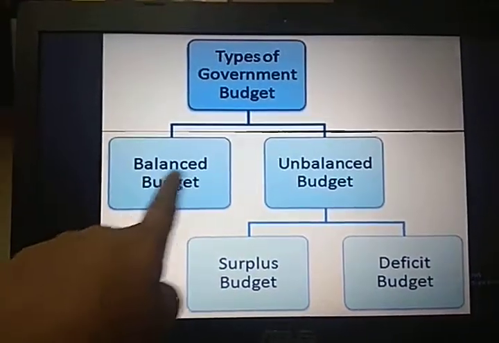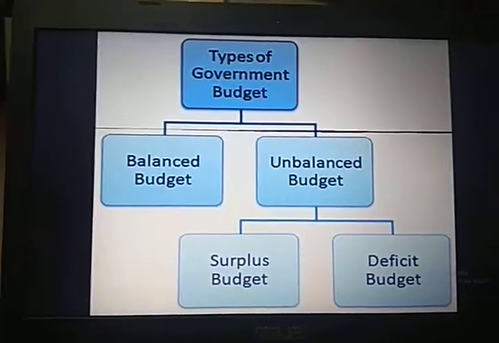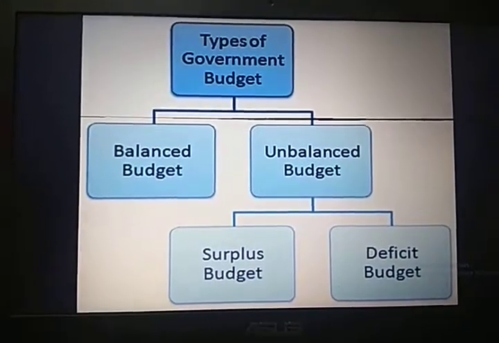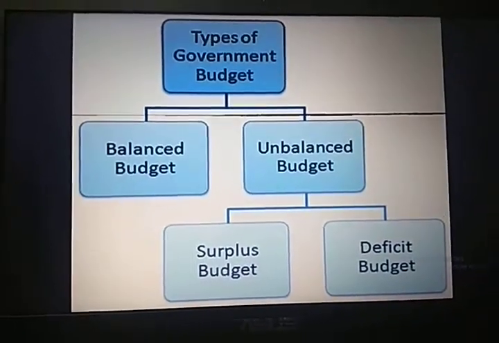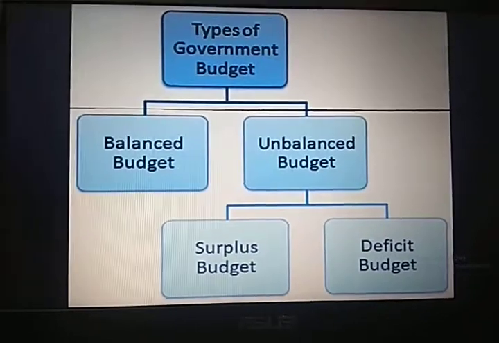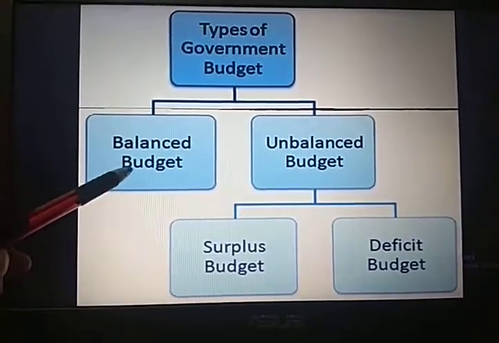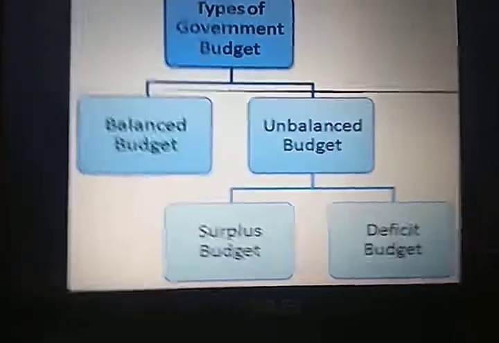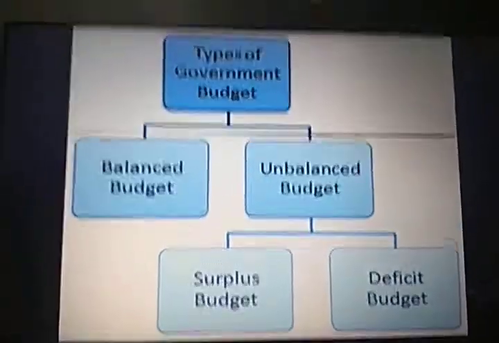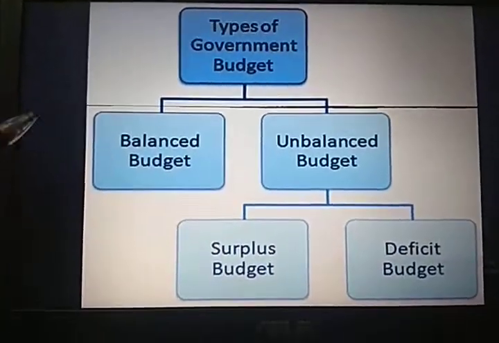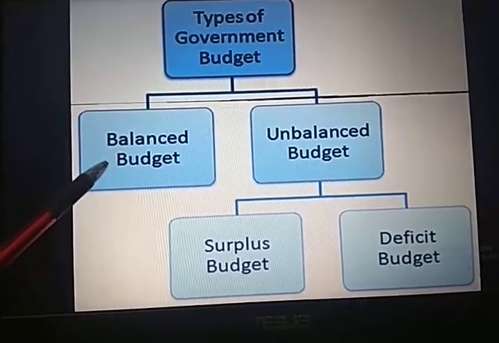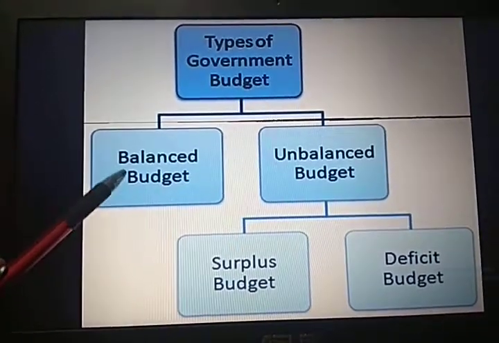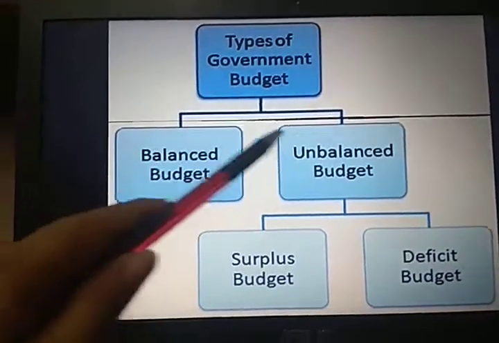There are two types of government budget, as you can see on the screen, that is balanced budget and unbalanced budget. Now balanced budget is the one wherein government receipts are equal to government expenditure. That means whatever spendings are there of the government, that is equal to the income or the revenue generated of the government.